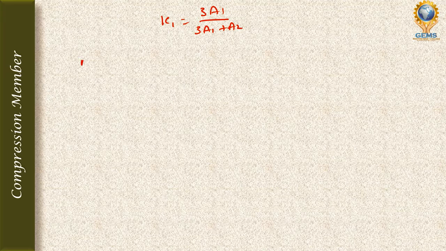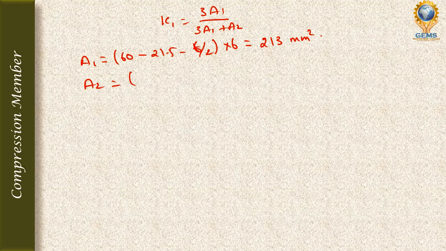So how can we find A1? A1 is the connected leg 60 minus the gross diameter of the rivet, minus thickness of the angle by 2, that is 6 by 2, into thickness. It will give 213 mm square. A2 is equal to 60 minus 6 by 2, connected leg minus thickness of the member, into thickness.